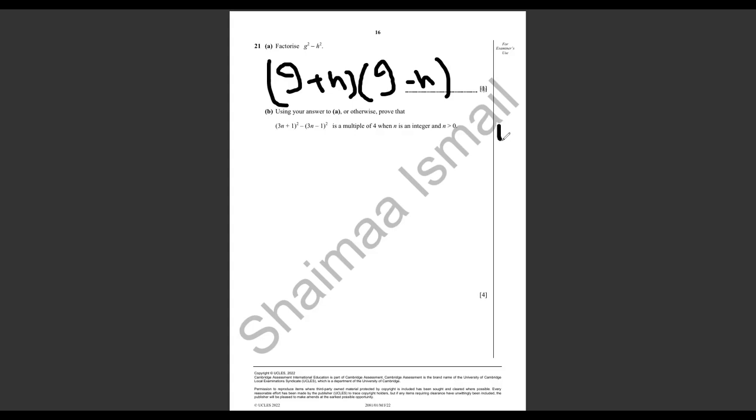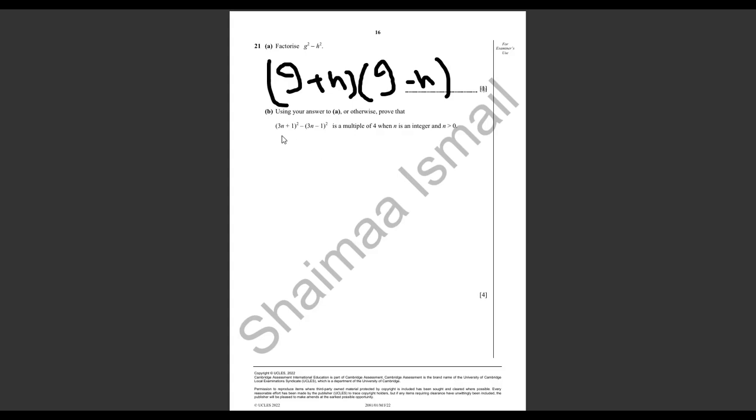So we have to prove that we have 4 multiplied by n. We have to prove that, plus or minus anything, it is a multiple of 4. Because this is the last question in the exam, he must give it to you hard.